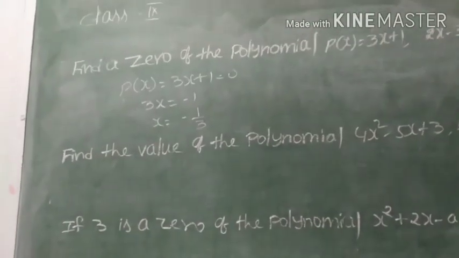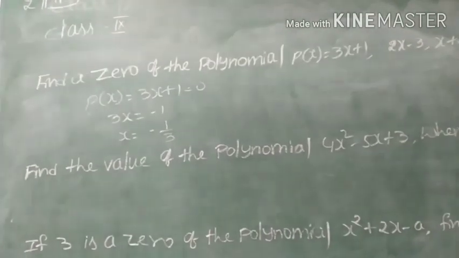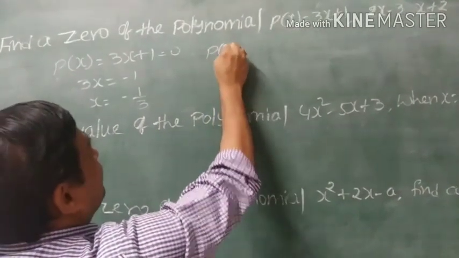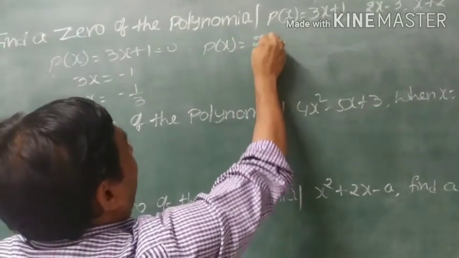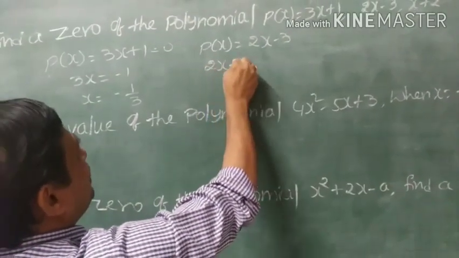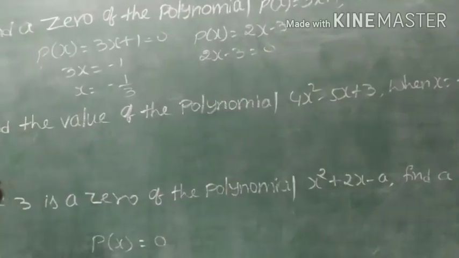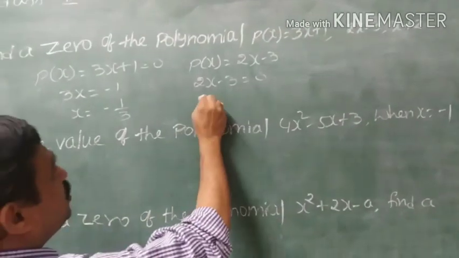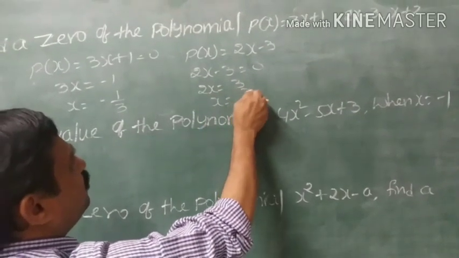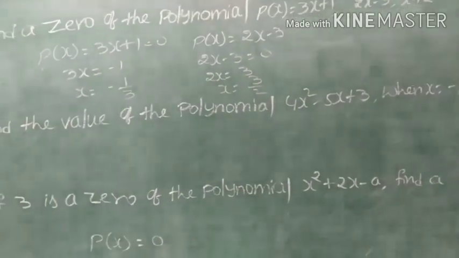Similarly, another one, for example, p of x equal to 2x minus 3. Now 2x minus 3 is equal to 0. Then 2x equal to 3. x equal to 3 by 2.